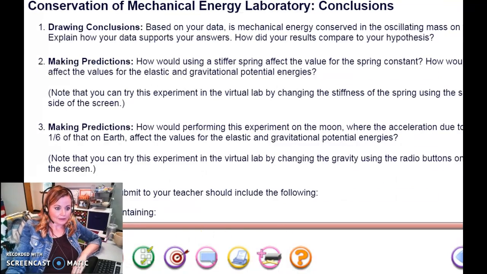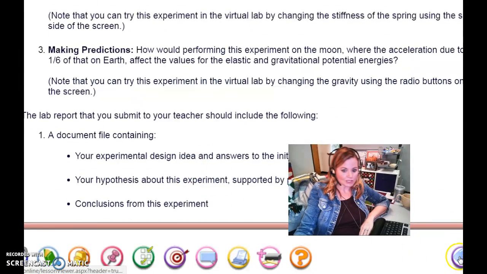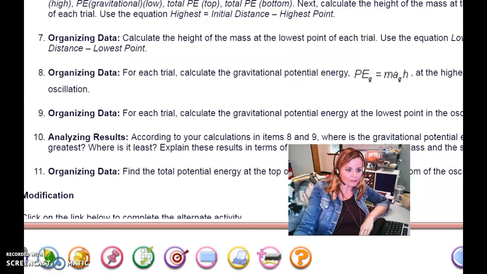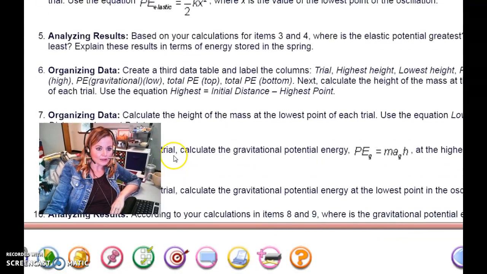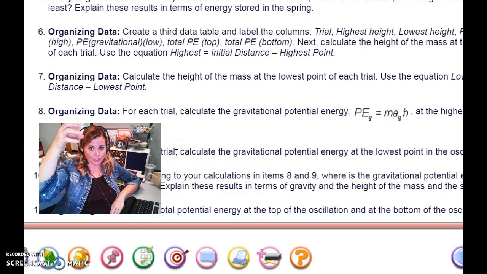And finally, oh, where is it? Oh, I'm sorry, I didn't go down far enough. Finally, you are also going to come up with the gravitational potential energy at the top and the bottom of its oscillation. Gravitational potential energy is mgh, so mass times 9.81 times the height in meters above the surface.